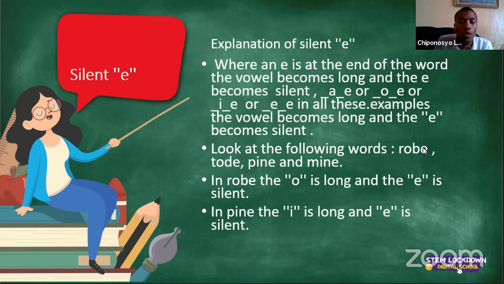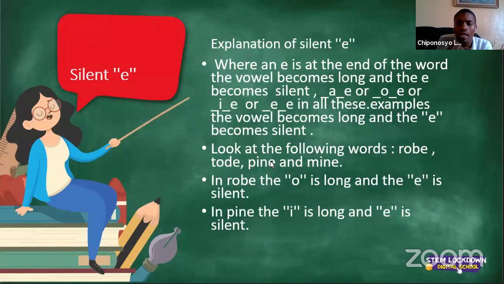Even if we look at the word pine, like I put here, we don't say the E. We keep it silent, because without the E, it would have been pin. But with the E at the end, the I becomes long. That's why it becomes pine.